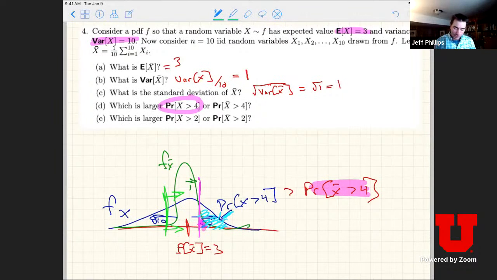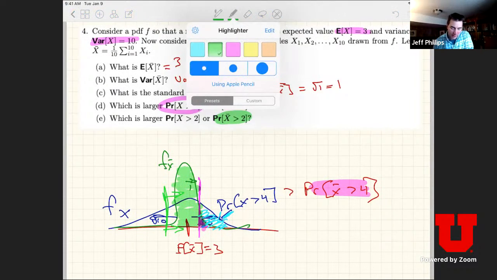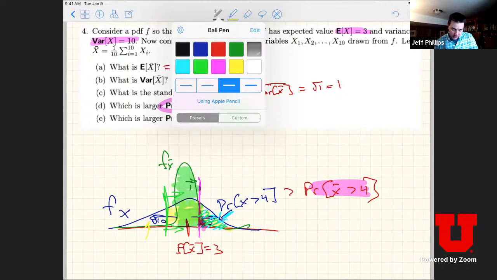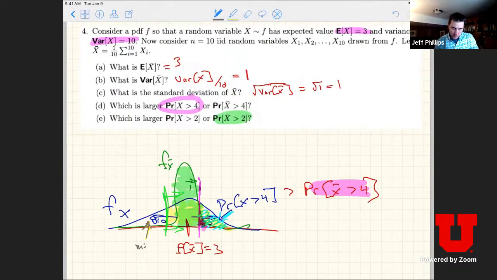So for this one, x bar is going to be bigger because it's going to include almost the whole distribution here, whereas in the case of x, they both total add up to 1, but x is missing all this stuff over here, where there's pretty little stuff from x bar that was missing.